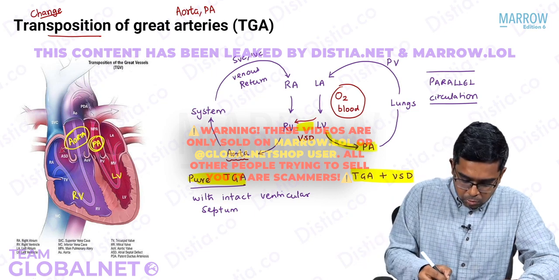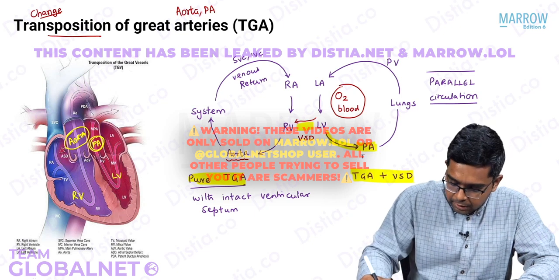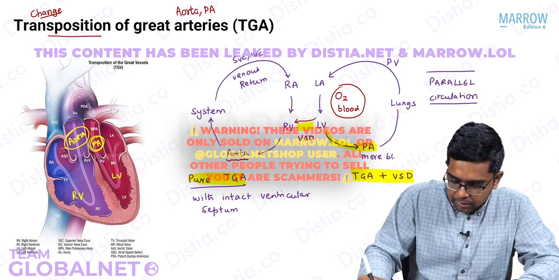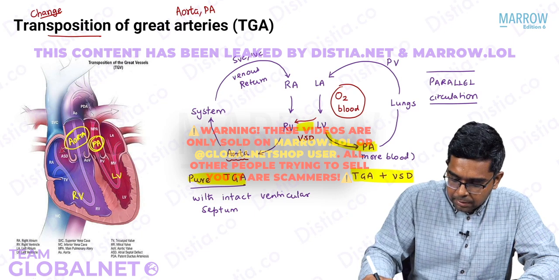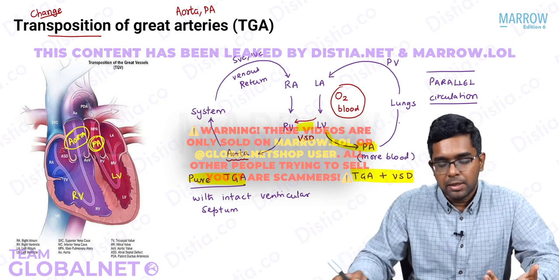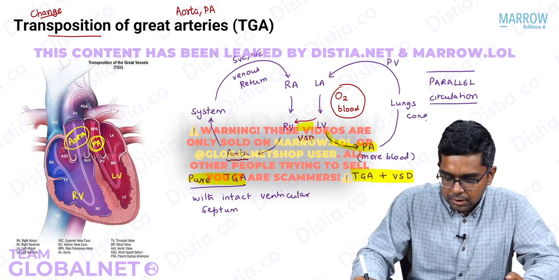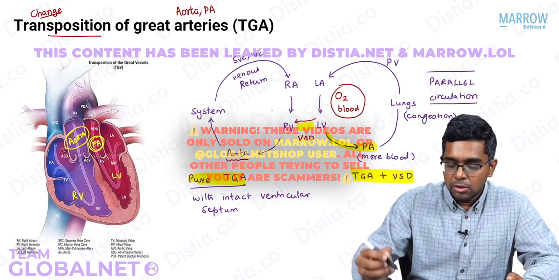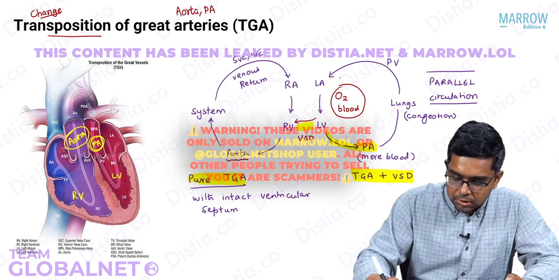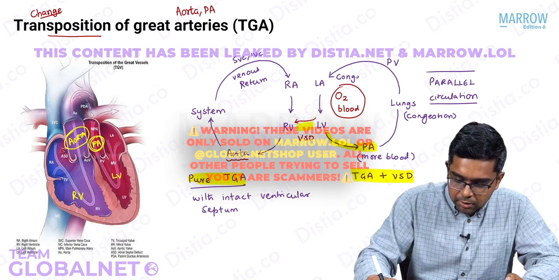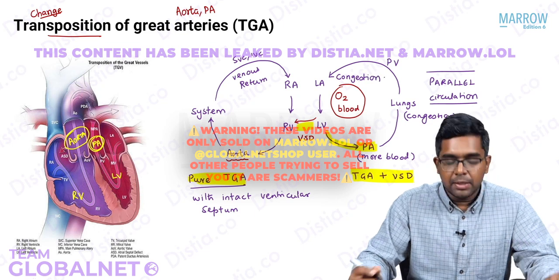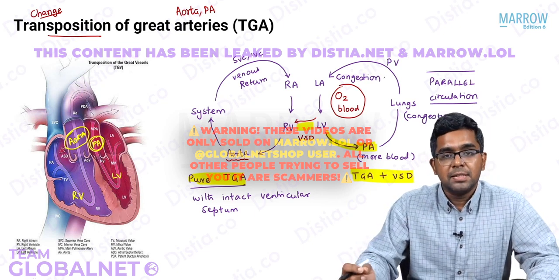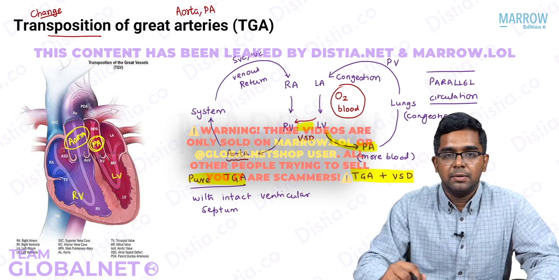So more blood is entering the pulmonary artery. When it enters the pulmonary artery, it goes again into the lungs, causing congestion inside the lungs. After some time, what will happen? It will come back into the left atrium, into the heart, causing congestion in the heart also. Ultimately, this leads to what problem? Yes, it is congestive cardiac failure.